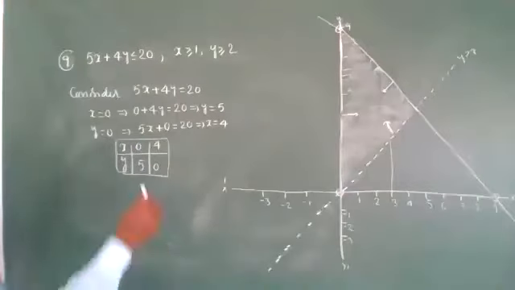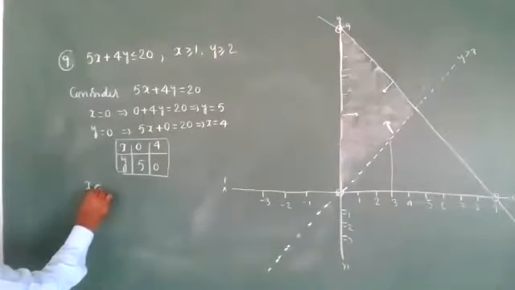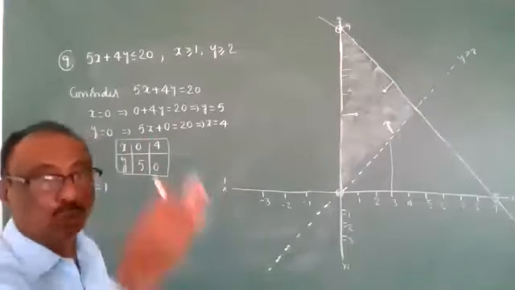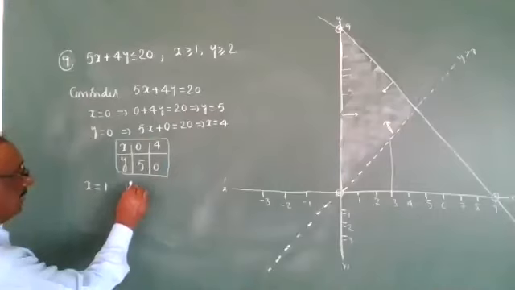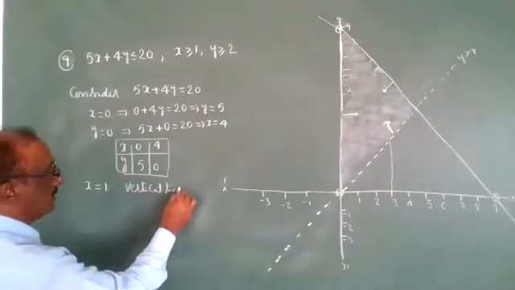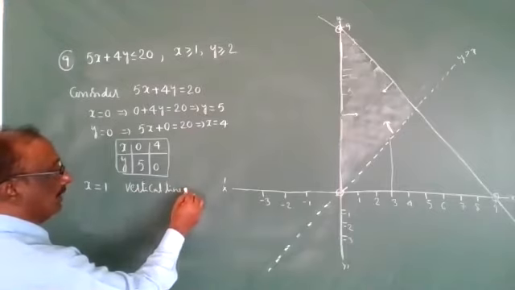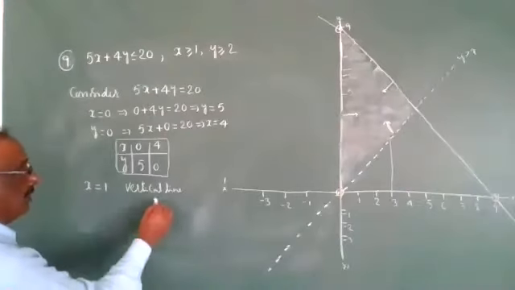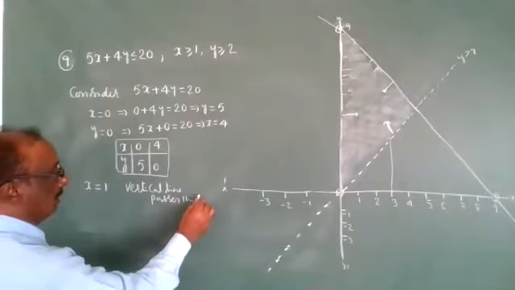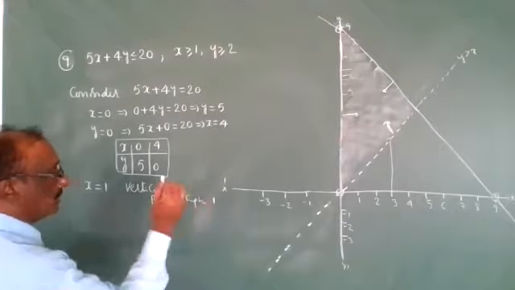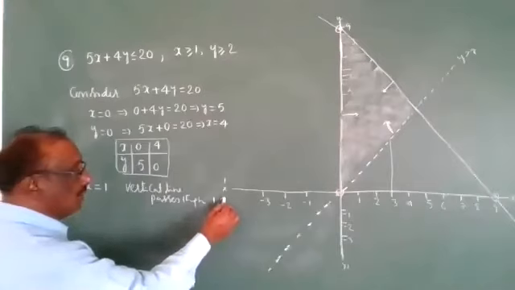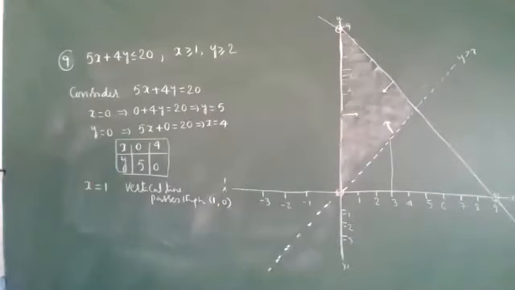Next one. x is equal to 1. It is a vertical line passing through 1, passing through the point 1 comma 0.